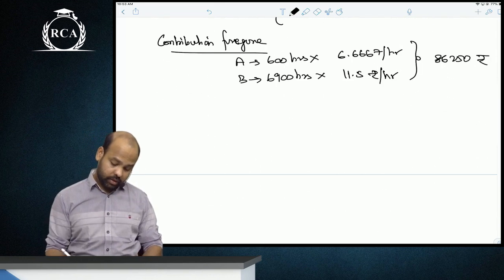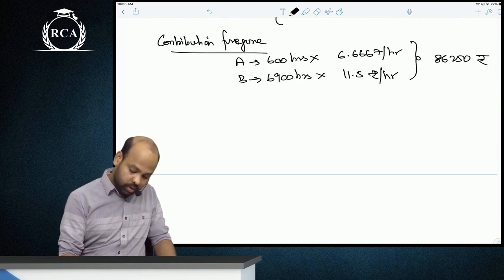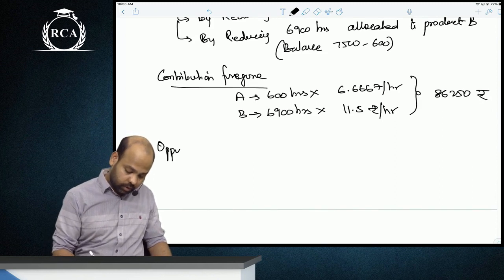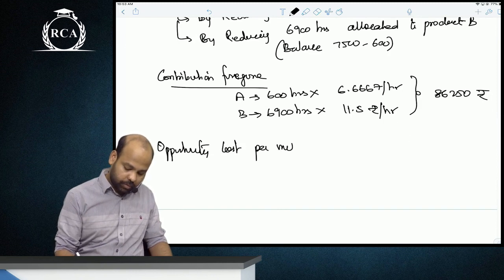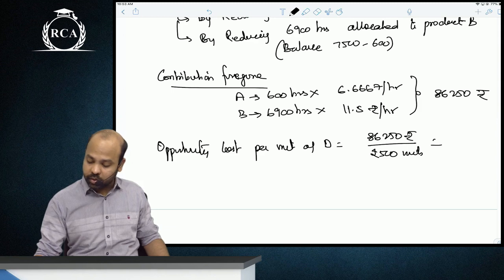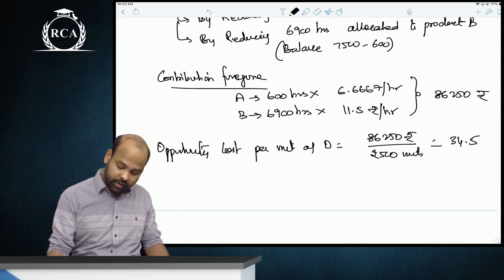So if you talk about the minimum transfer price, your contribution foregone or opportunity cost per unit of D would be: we've used 86,250 rupees, and that is for 2,500 units. 86,250 rupees is the contribution foregone just to manufacture 2,500 units, so that is 34.5.